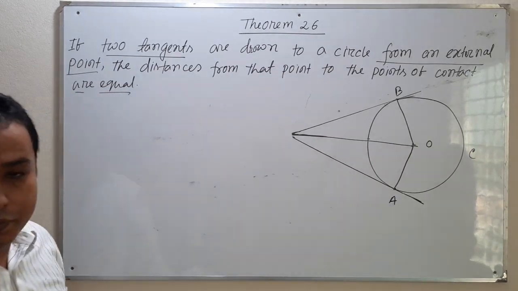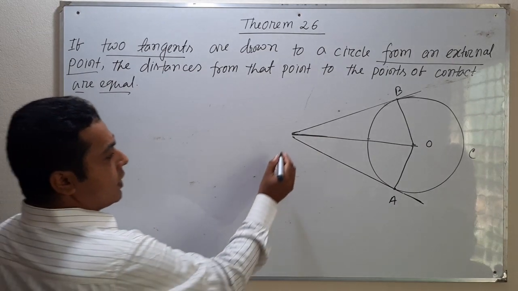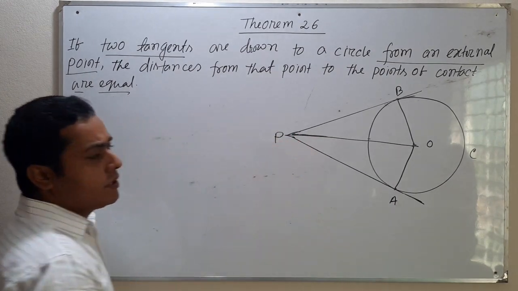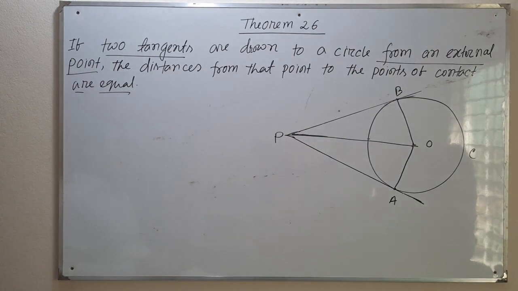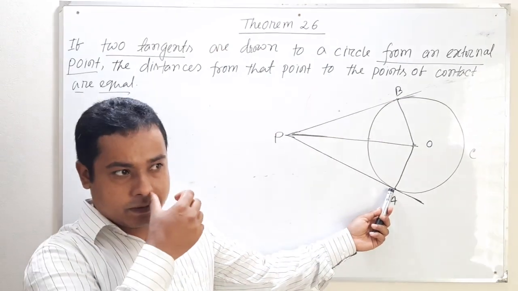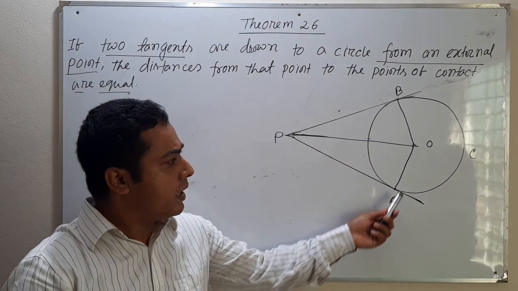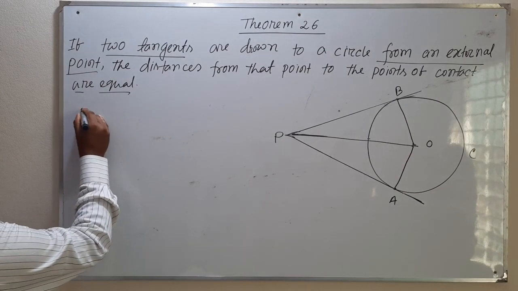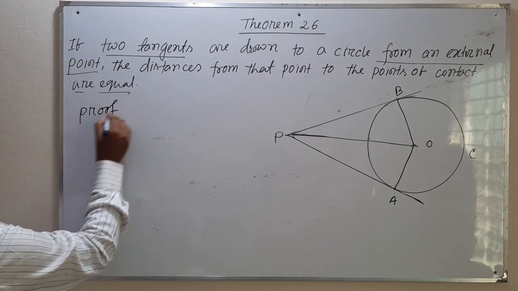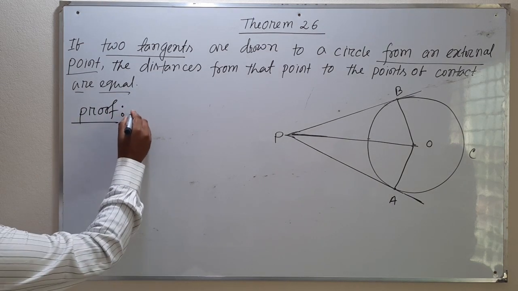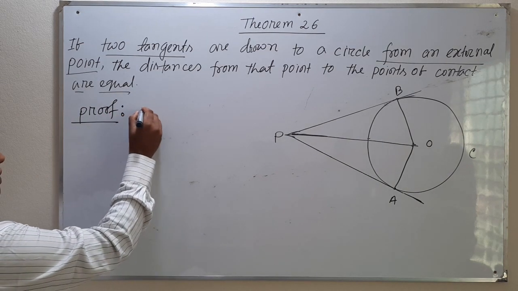Okay, how can we prove this theorem? Here A is the point of contact for the tangent PA and the radius OA.